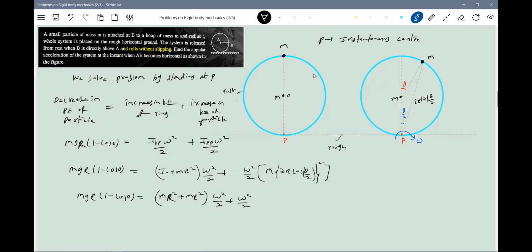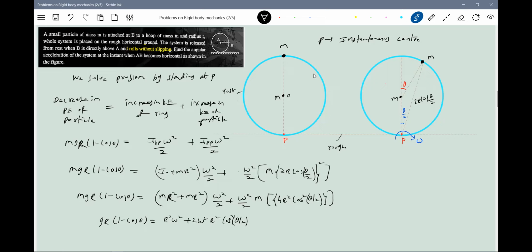So this will become omega square, m into 4r square cos square theta by 2. Further we'll simplify. m will get cancelled out, so there will be 2mr square here, mr square. So this will become r square omega square. Here 1, 2. So this will be 2 omega square r square cos square theta by 2. One r also gets eliminated. Then we'll get the expression for omega as a function of theta.